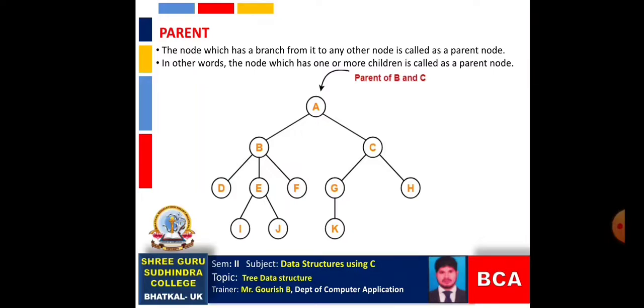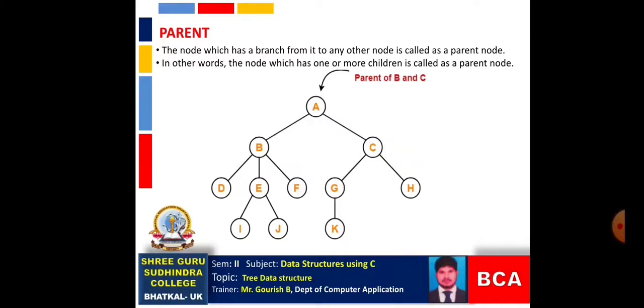A is the predecessor of B and C, and B and C are successors of A. Now, what is a parent node? Consider a node X in a tree, right? Any node, X, for example. The immediate predecessor of node X is the parent of node X, right? Immediate predecessor of node X.